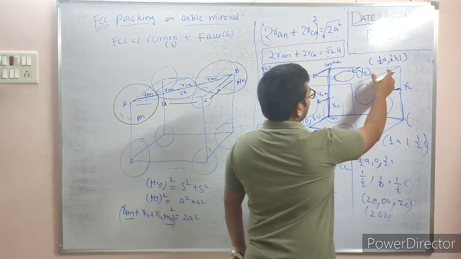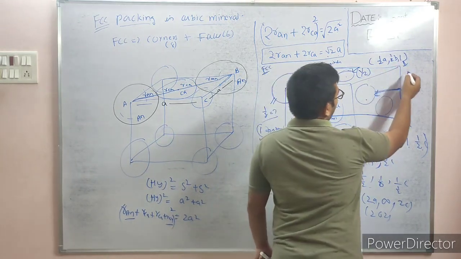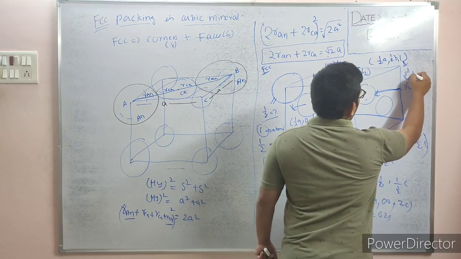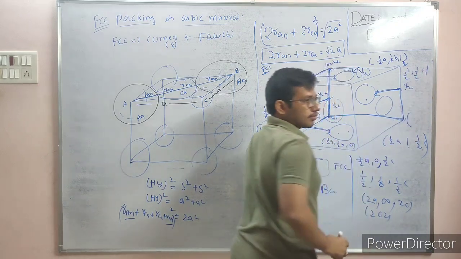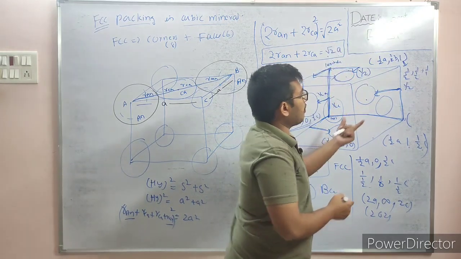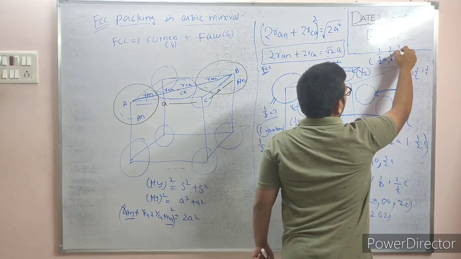Or suppose you are taking this face, what will be the Miller indices for this face? If you take the reciprocal, 1 upon 1 by 2, 1 upon 1 by 2, 1 upon 1.